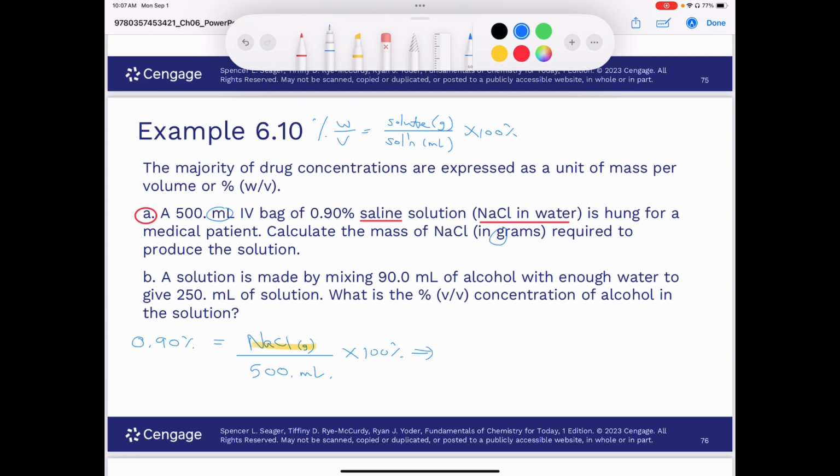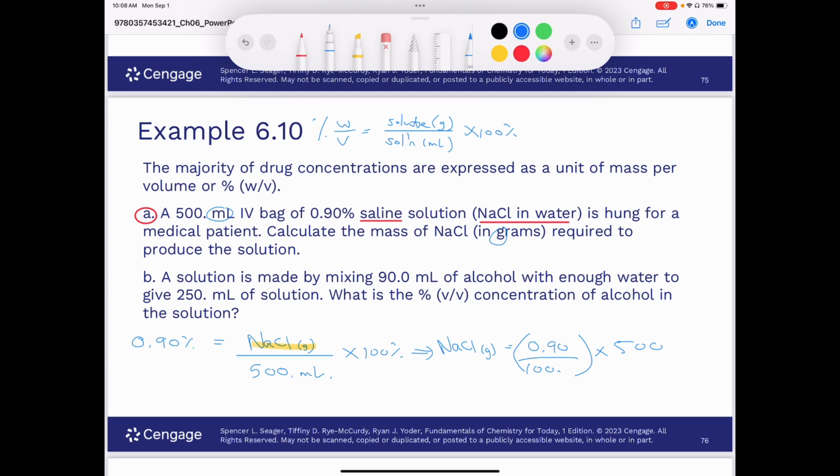And so when we rearrange that formula, we're going to get the mass, or I'll just put NaCl in grams. So we'll put here NaCl mass in grams is going to be equal to 0.90 divided by 100 multiplied by 500. Just doing a little quick algebra here.